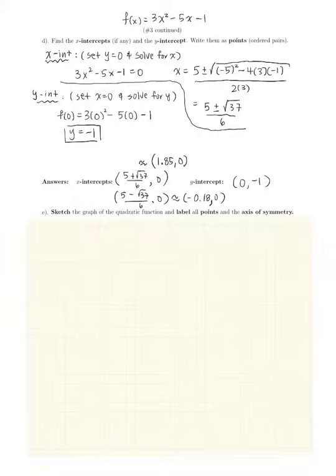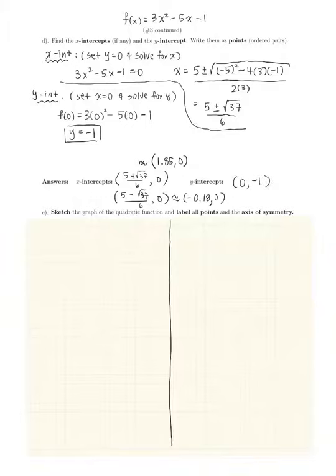Now we have to gather all the information to sketch this graph. Let me draw the x and y axis here. Pretend that's straight. Where is our vertex? Let me write it down before I forget.